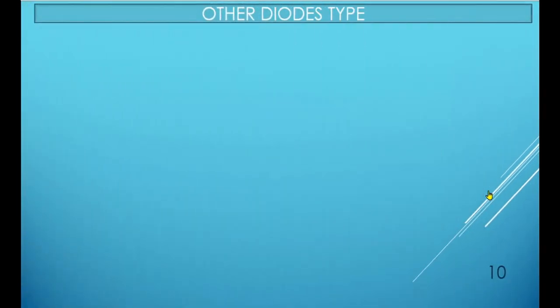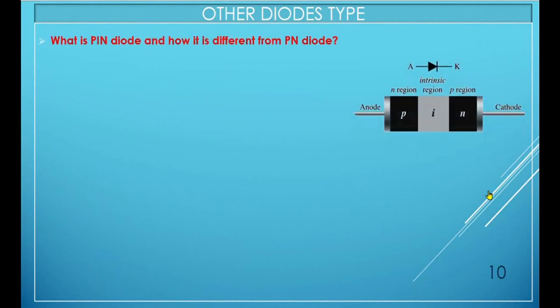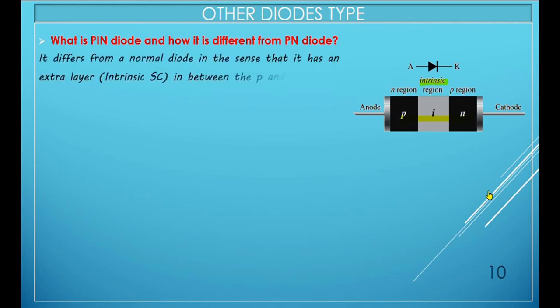Now we will talk about some other types of diodes. The first diode is the PIN diode. In a PIN diode, there is one extra layer between the p-type and n-type semiconductor. This extra layer is called the intrinsic region.